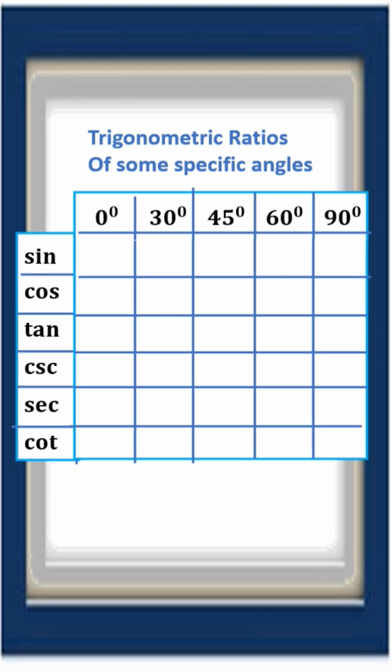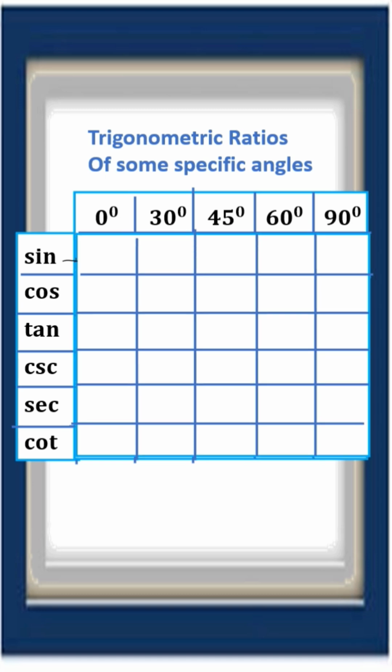Then fill all the blocks of the row in front of sin A with 0, 1, 2, 3, 4. Then put a divide mark like this for all the things. Then divide by 4. Then find the square root of 0 by 4. Now only I will solve it. 0 by 4.